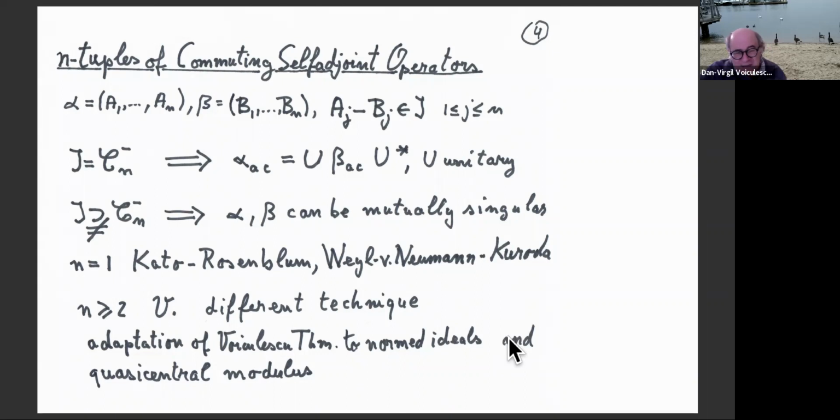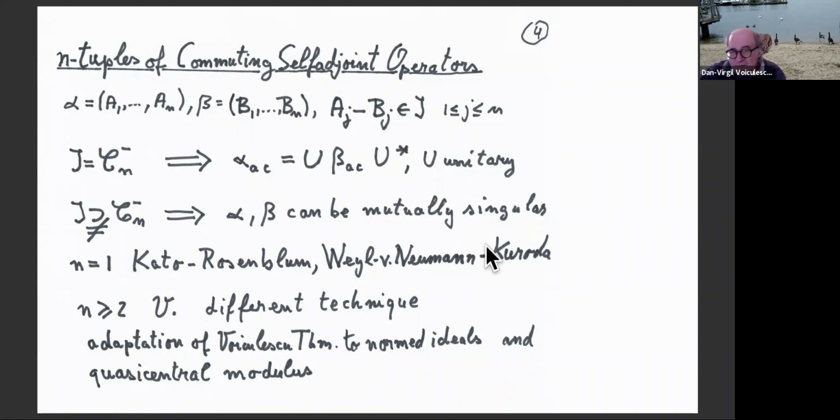For the Weyl-von Neumann part, the second assertion, I used an adaptation of my theorem, where instead of compact operators, one puts normed ideals.